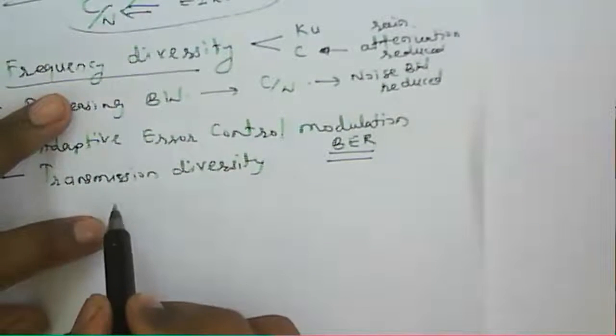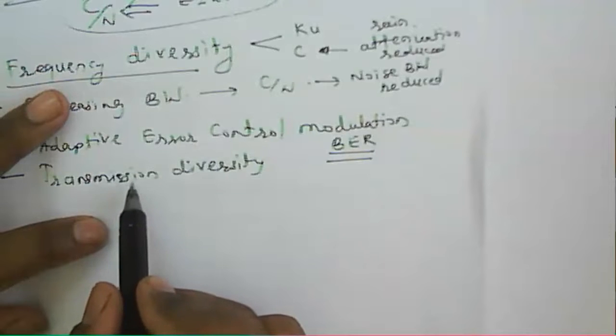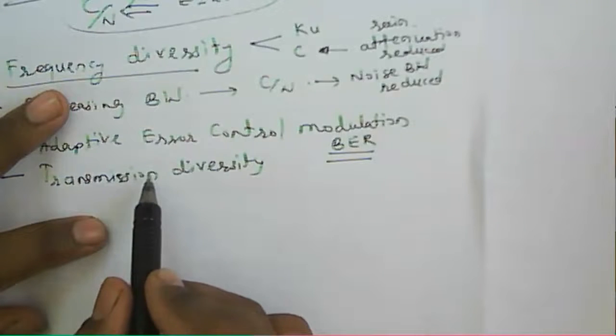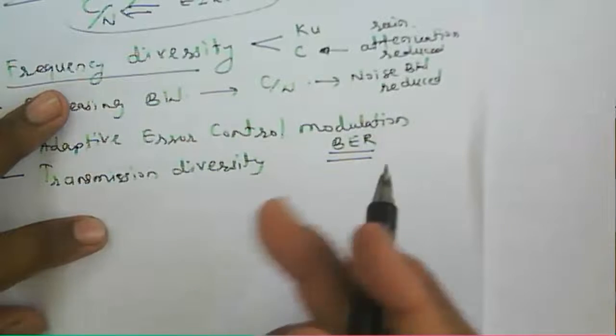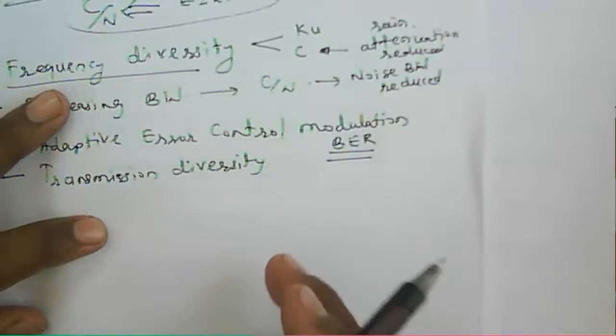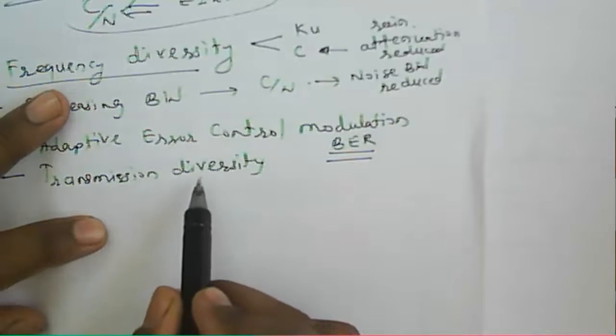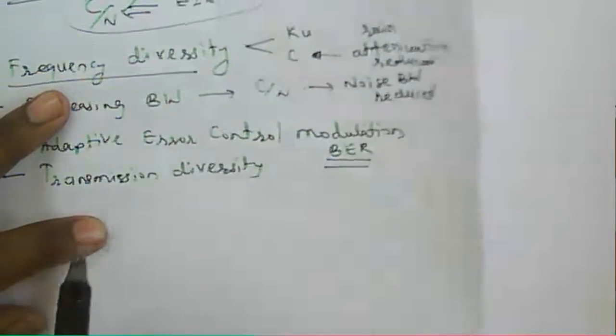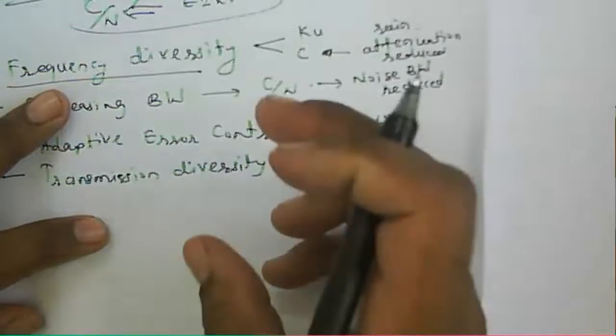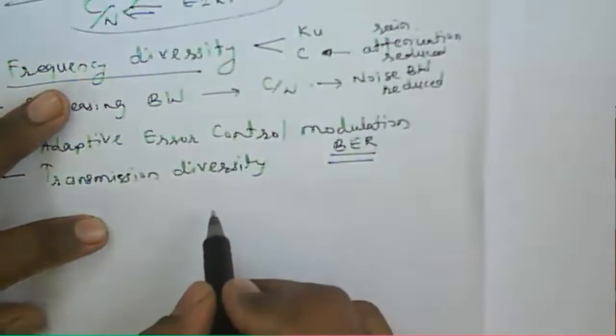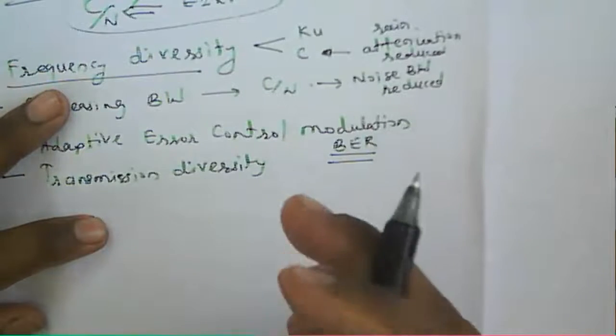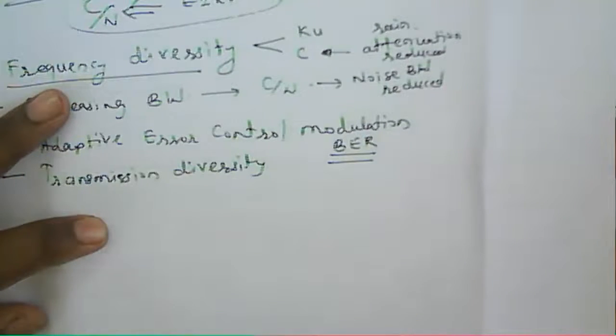Then transmission time diversity. For data transmission, the transmission can be deferred until we can consider that there is no attenuation in that particular link.